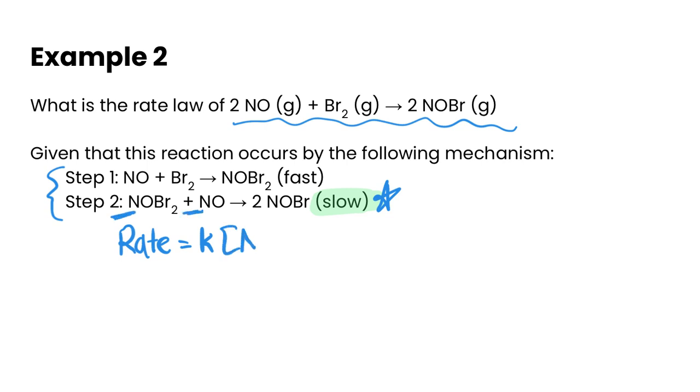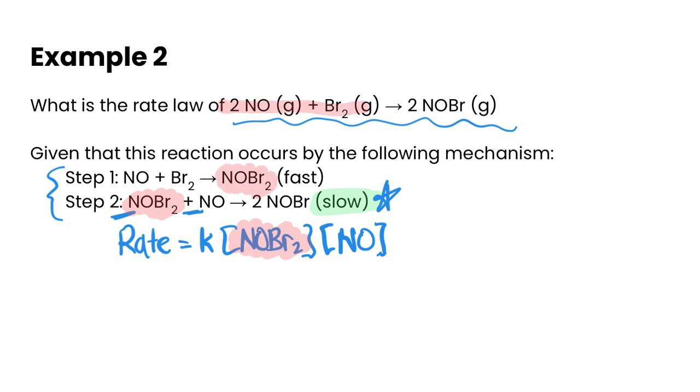So we've got NOBr2 to the 1. I'm not going to put the 1 in though because we don't need to. And then we've got NO to the 1 as well. Now, the thing we need to recognize here is that NOBr2 is actually an intermediate. So it's used here, but it's also produced in our first reaction.